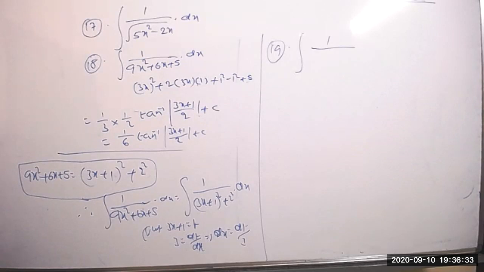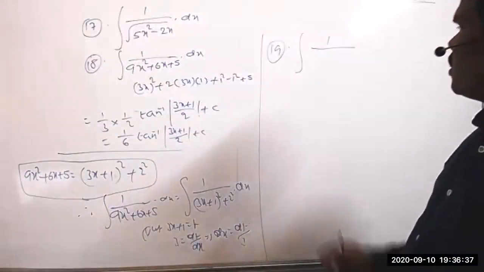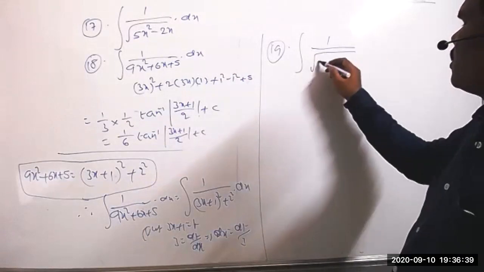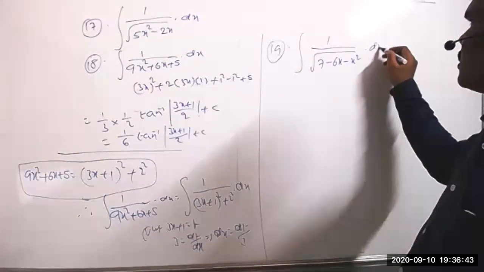Sir, what is the question, sir? Integration of 1 by root of 7 minus 6x minus x square into dx.